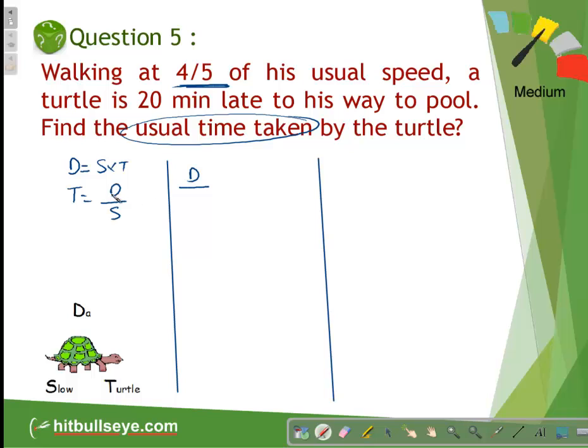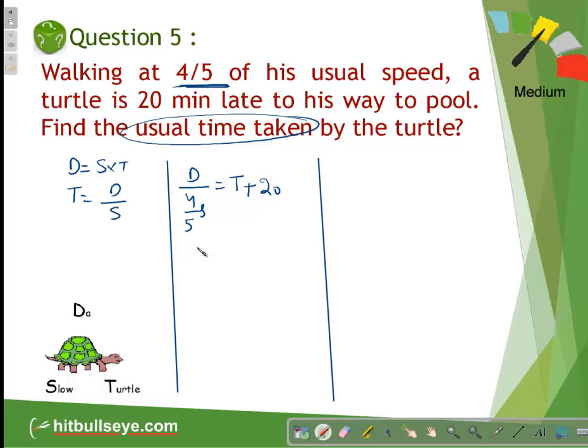Let his speed be s, walking at 4/5 of s. If he is taking initially t time and he is late by 20 minutes, so now he will take t plus 20. I think this is clear to everyone. What I've done, I've applied the formula time equal to distance by speed. Now his speed is 4/5 of s, so time will be t plus 20.